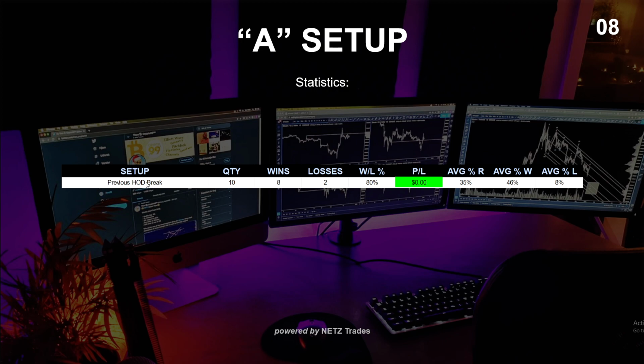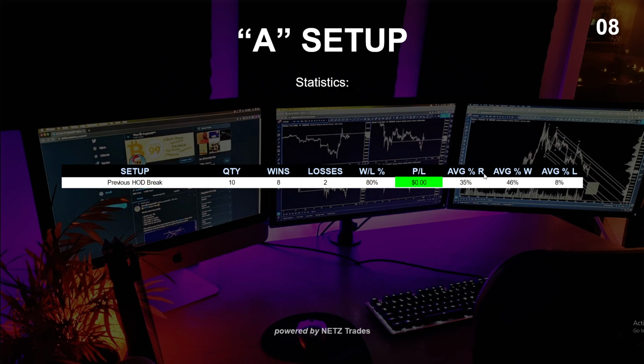So for this setup, previous high of day break, in my last 10 trades, let's say I had 8 wins and 2 losses, which is an 80% win rate. And if we go back to the risk reward again, if you have a 3-to-1 R, you only need a 33% win rate, I think it is. So you can see we're way above that. P&L, I'm not going to include that, but if you wanted to, you can include your P&L here.